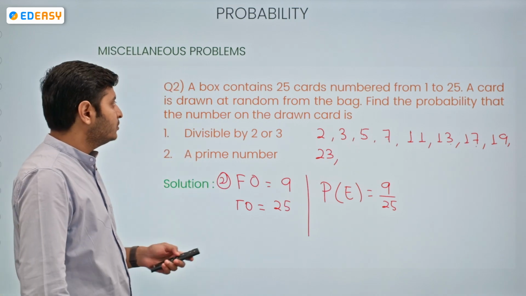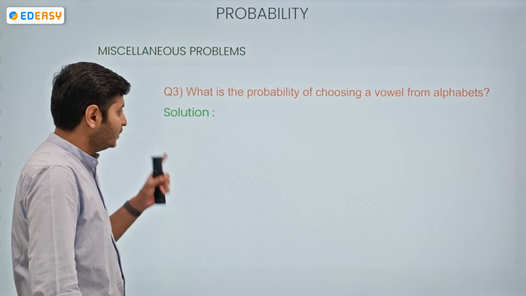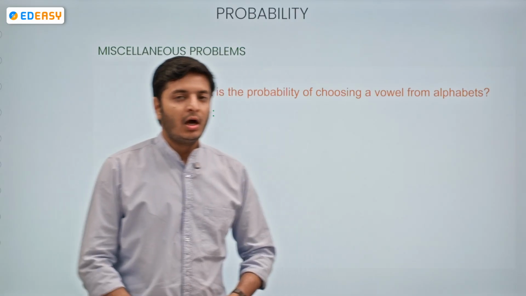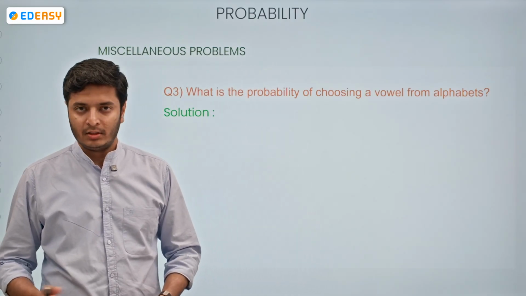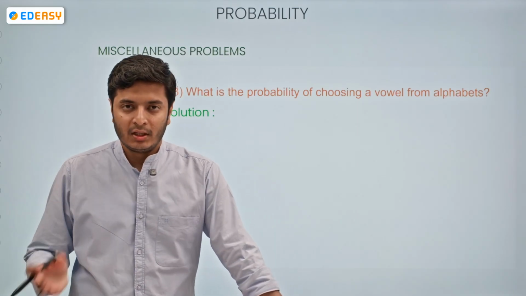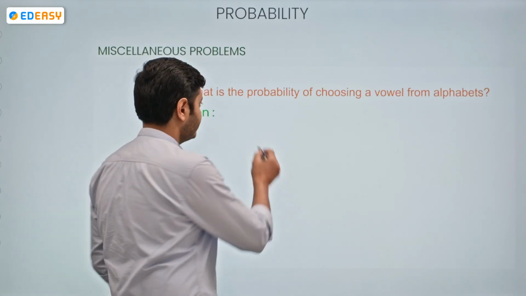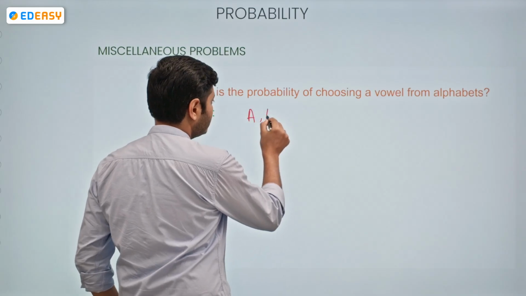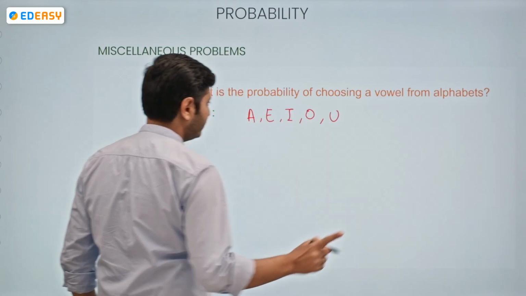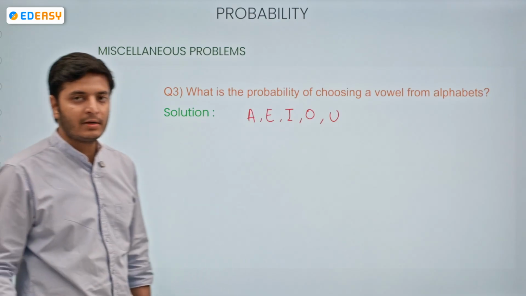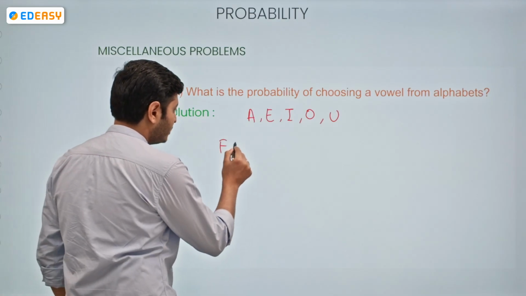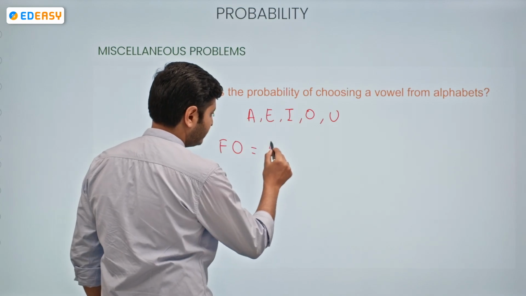Now let's move on to the next problem. What is the probability of choosing a vowel from the alphabets? How many vowels are there in the English language? A, E, I, O, U. 5. And how many total alphabets are there? 26. So favorable outcomes 5.